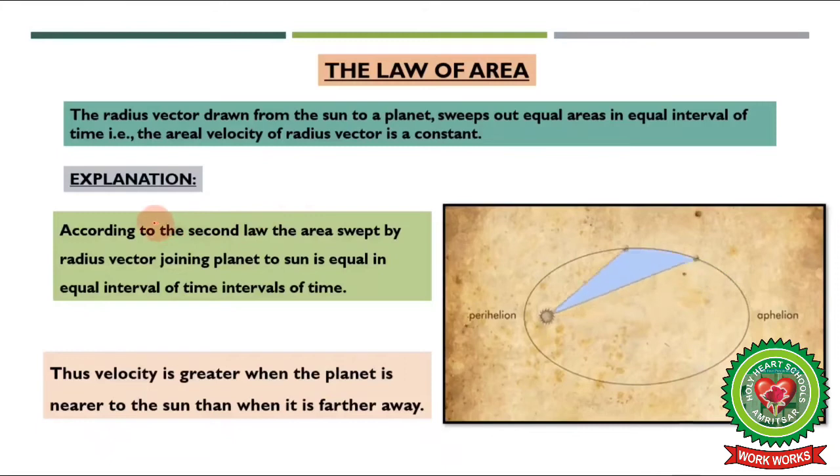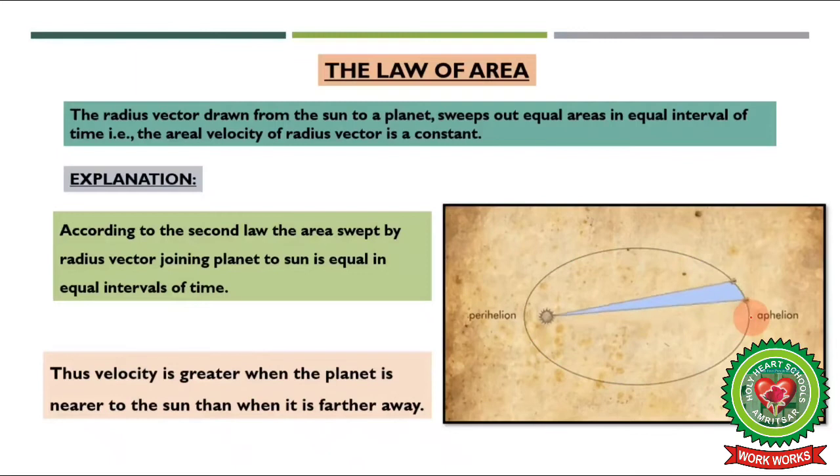Let's see its explanation. According to the second law, the area swept by the radius vector joining the planet to the Sun, so this is the planet and this is the Sun, is equal in equal intervals of time, which results in velocity being greater when the planet is nearer to the Sun, at this point, than when it is farther away.